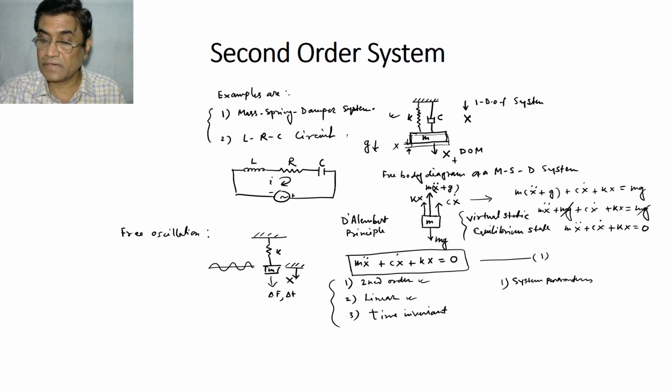For free oscillation, the force here is 0, only a negligible perturbation is there, so I can put it 0. When I just perturb the system, how the system will behave is our area of interest.